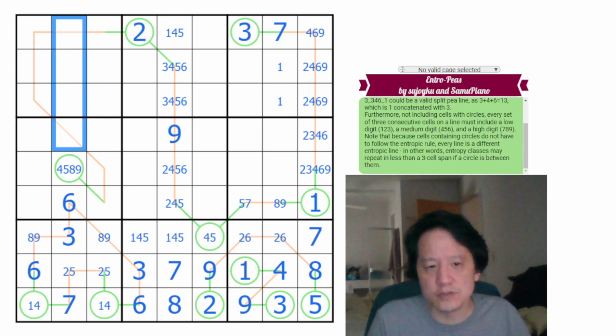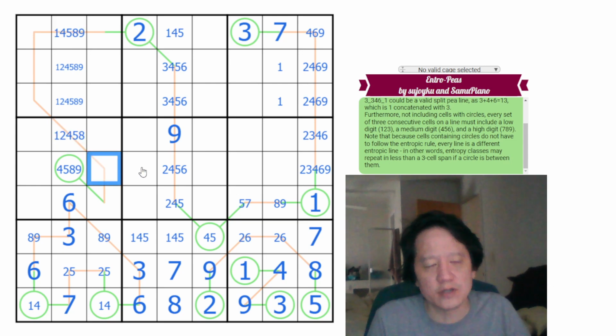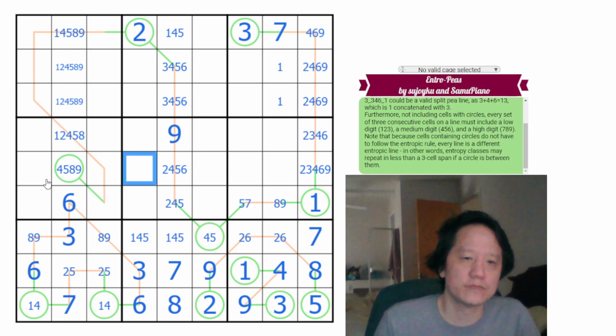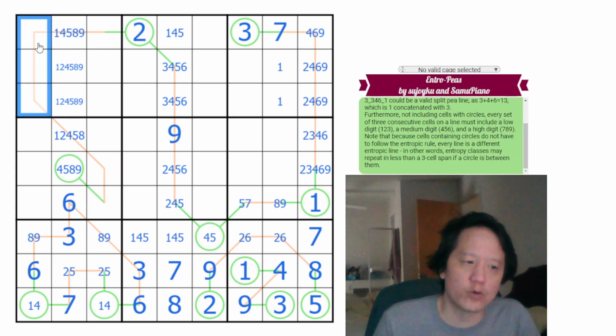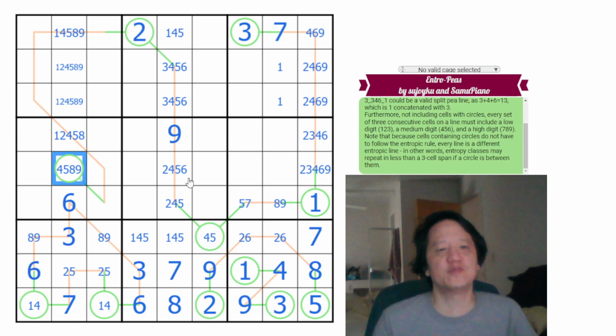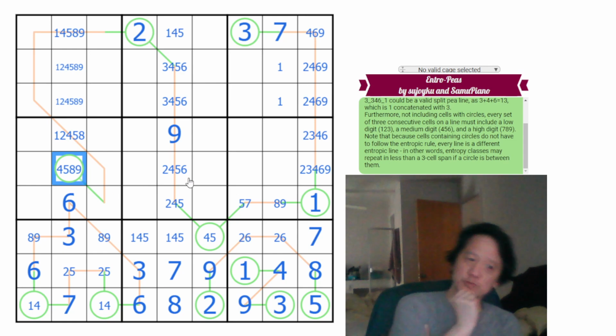So this could be 1, 2, no 3, 4, 5, no 6, 7, 8, or 9. So this can't be 2, this can't be 9. So this would be 24 plus 35, which would be 59. So 52 is well within the possibility. So 52 is possible, 42 is possible.